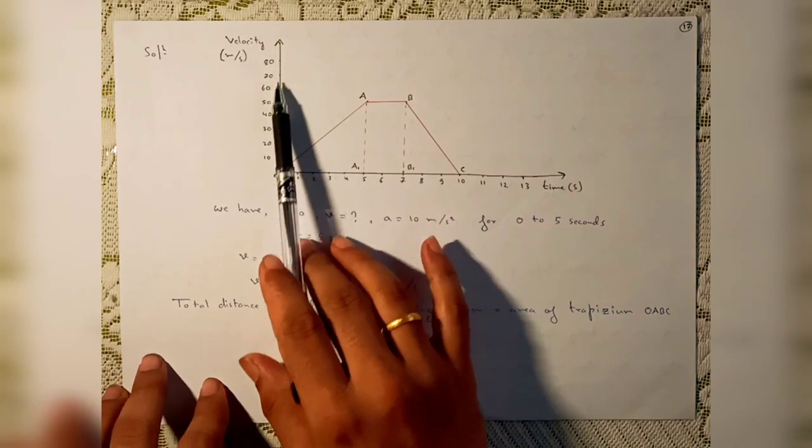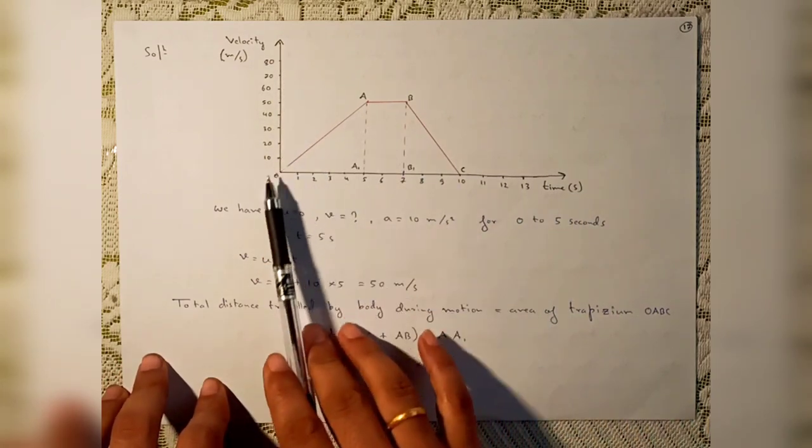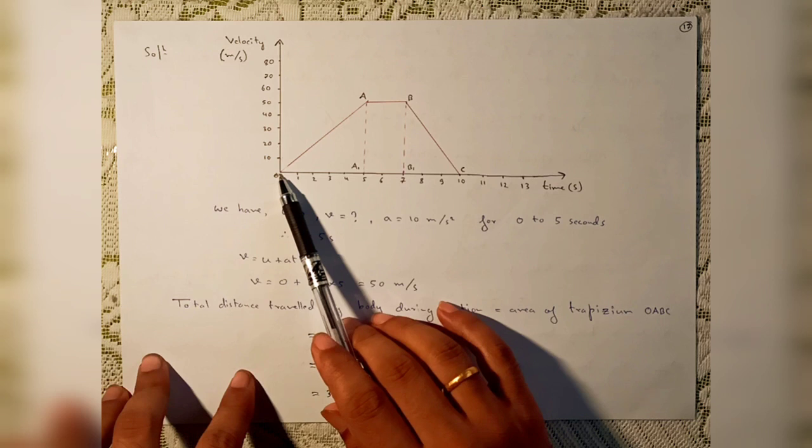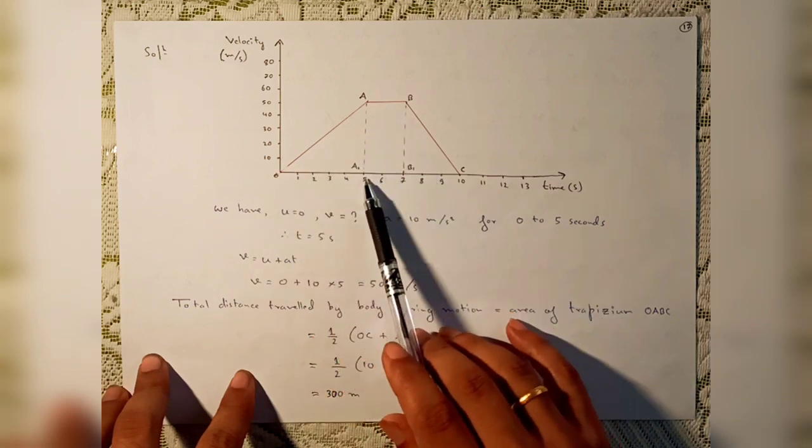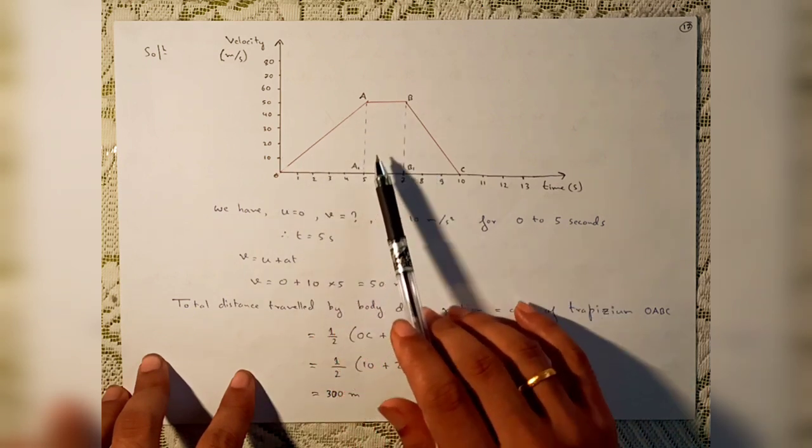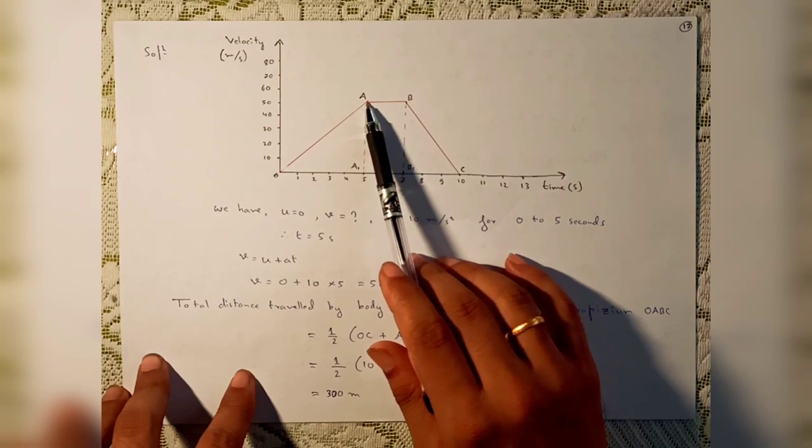So the graph is going to look somewhat like this. The body accelerates till 5 seconds, up to point A.